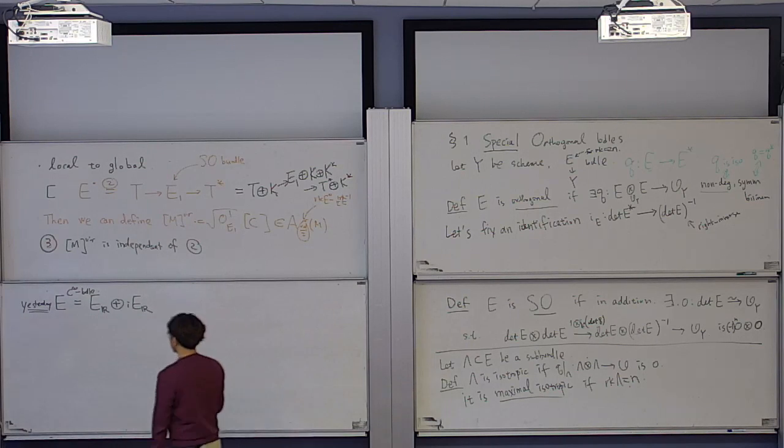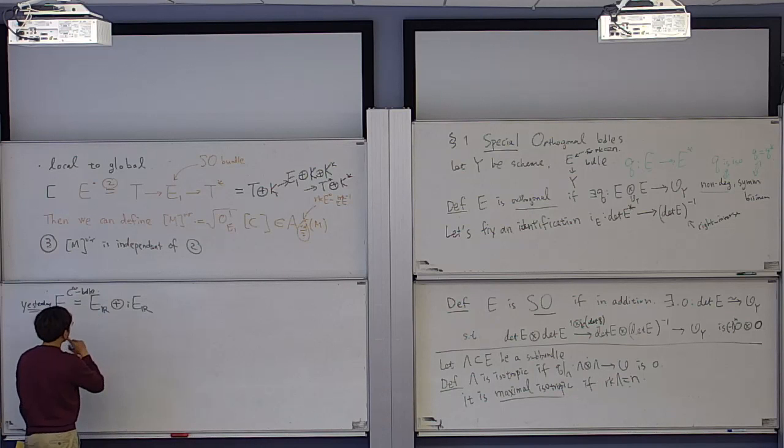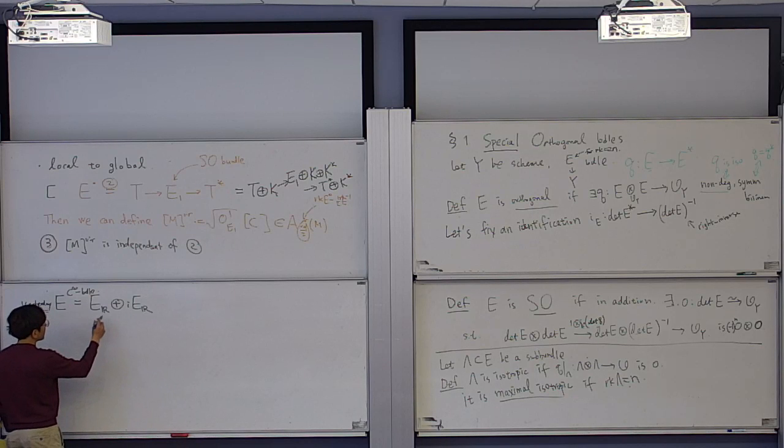This orientation is designed to satisfy this: the real positive definite quadratic bundle E_R is orientable by some orientation.